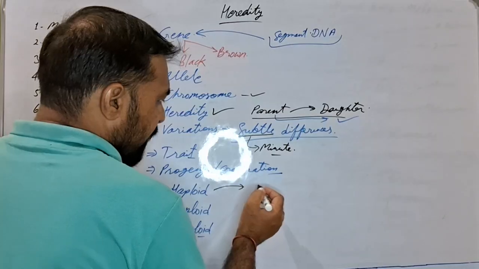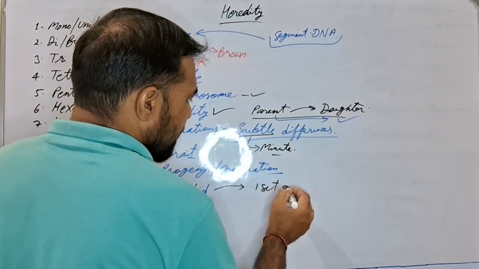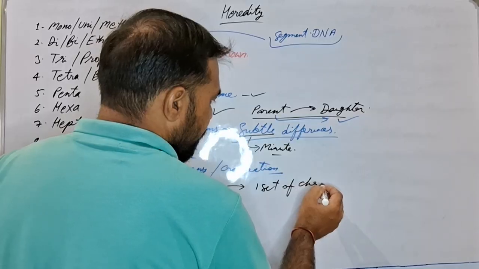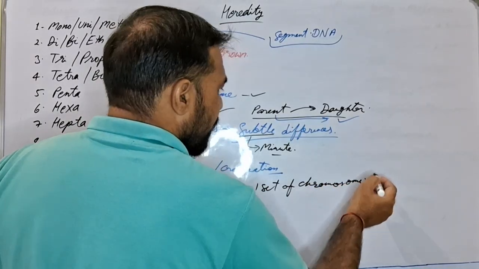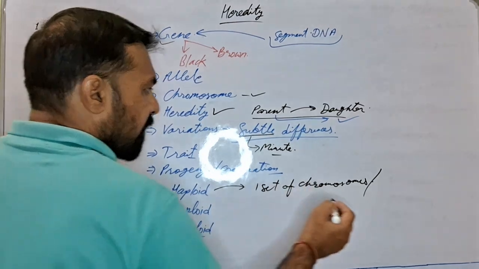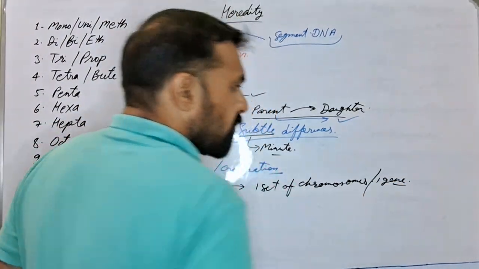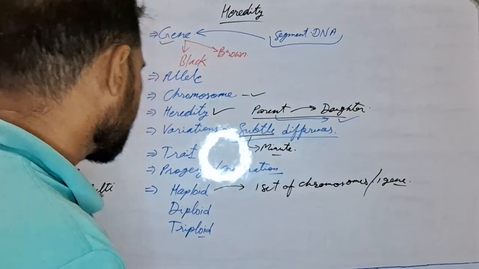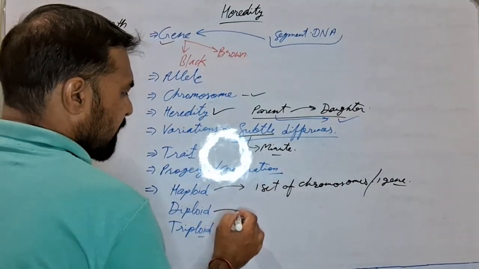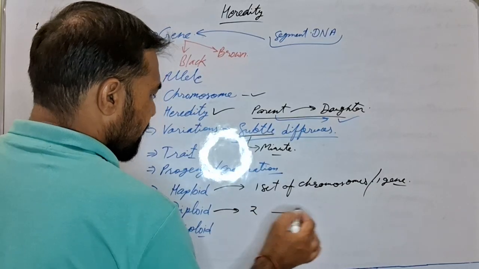The cell in which only one set of chromosomes is present, or we may say the cell in which only one gene is present to control one specific character, is known as haploid cell. Diploid cells are the cells in which two sets of chromosomes are present.